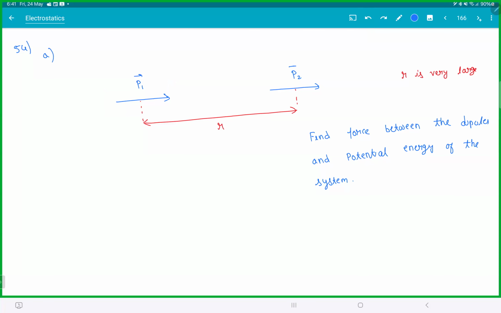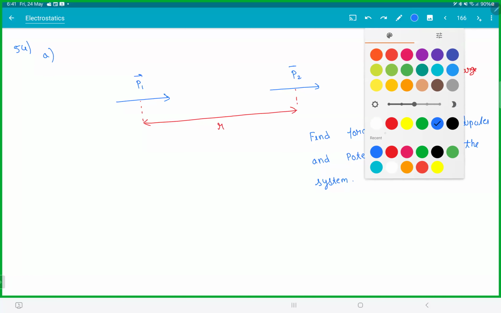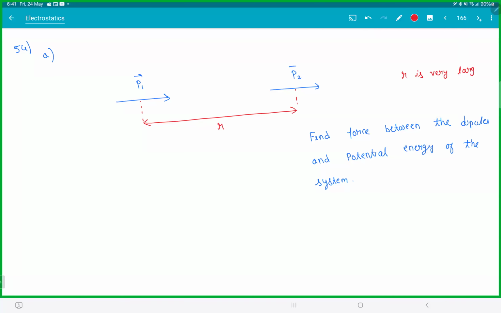We don't know the charges, we don't know the distance between them. Think, how will we proceed?